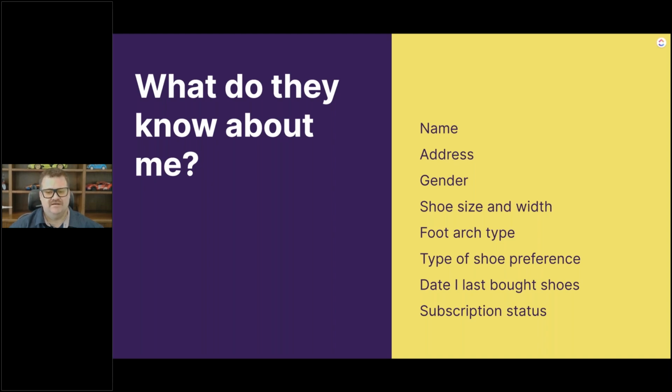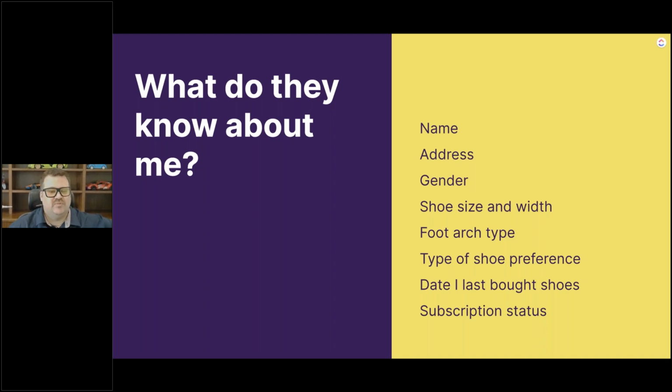I know that, but I've bought shoes from these guys before, so they know that. They know what shoe size I am. They know what gender I am because I've bought a pair of men's shoes from them before. They know my foot arch type because the shoes that I bought were for a particular foot arch type. They know that I prefer a shoe with lots of cushioning because I bought those before.